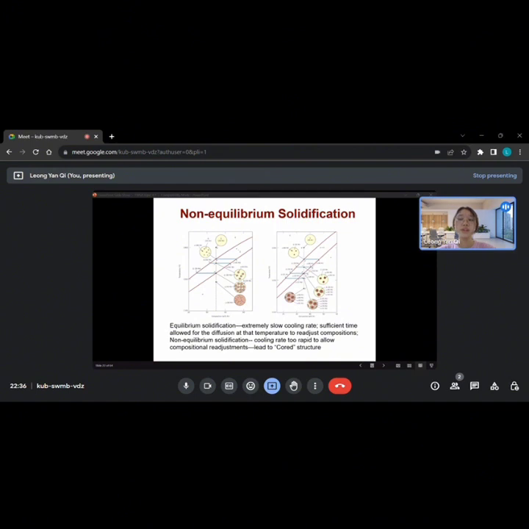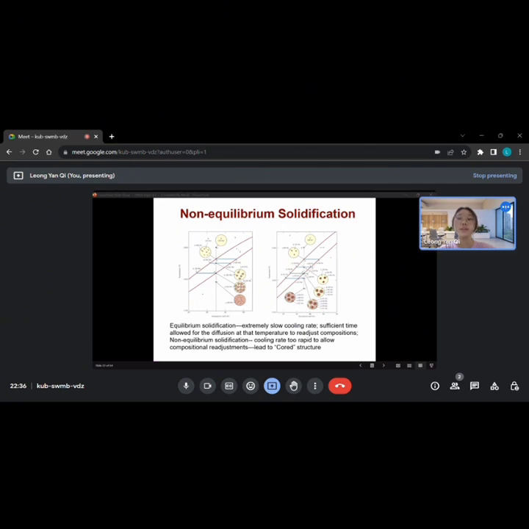Because the cooling rate is too fast for the materials to readjust compositions and diffuse uniformly, it leads to a cored structure. For example, according to the diagram, the first solidification occurs at 46 weight% of nickel, and as cooling is rapid, the first core is formed before the last solidification occurs at 35 weight% of nickel.